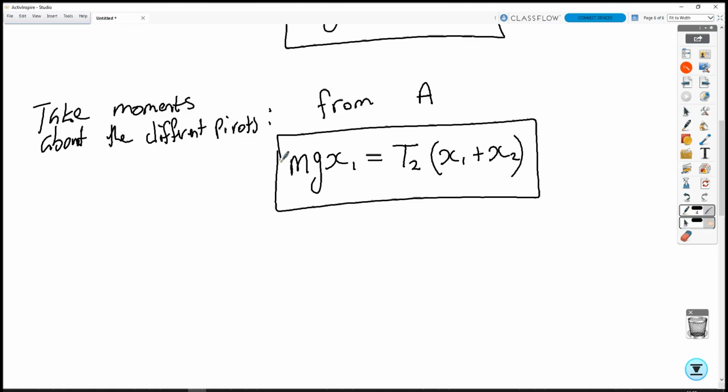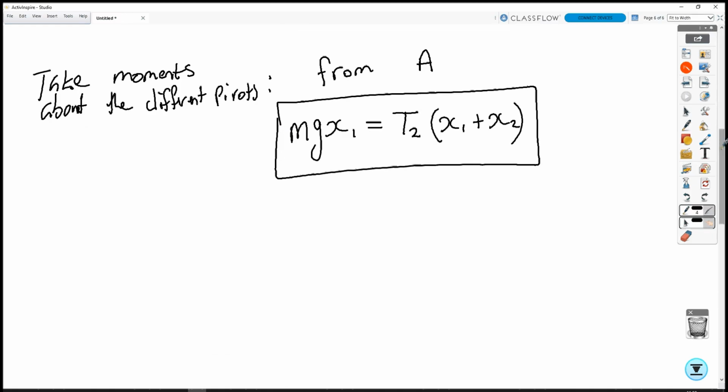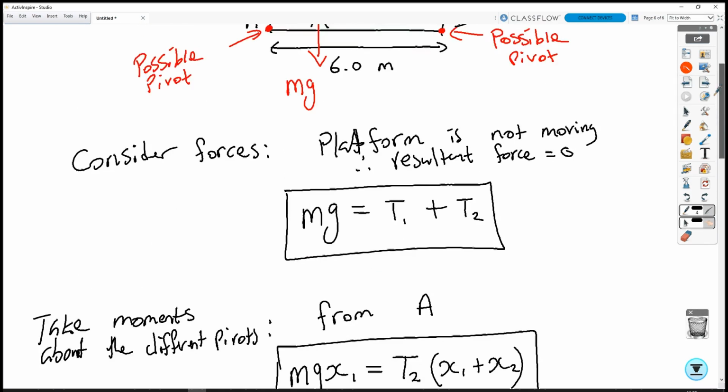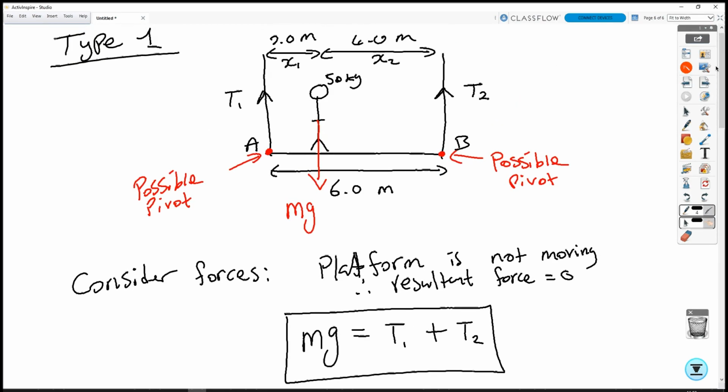Then we can consider moments from point B. From point B, our person is providing the anti-clockwise moment, and T1 is providing our clockwise moment.